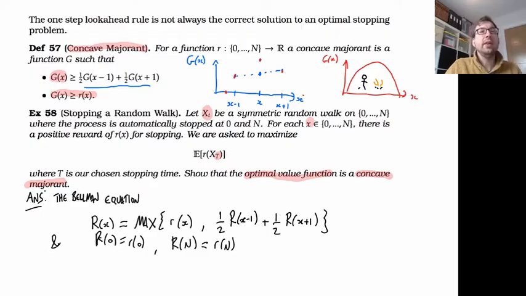So we can see just from the form of this solution that we've got a concave majorant. Why is that? Well, we've got two conditions here. The function value has to be bigger than half up and half down of that function, so r of x is bigger than a half up and a half down of that function. So tick, concave. And it has to be bigger than little r of x. So tick, majorant.